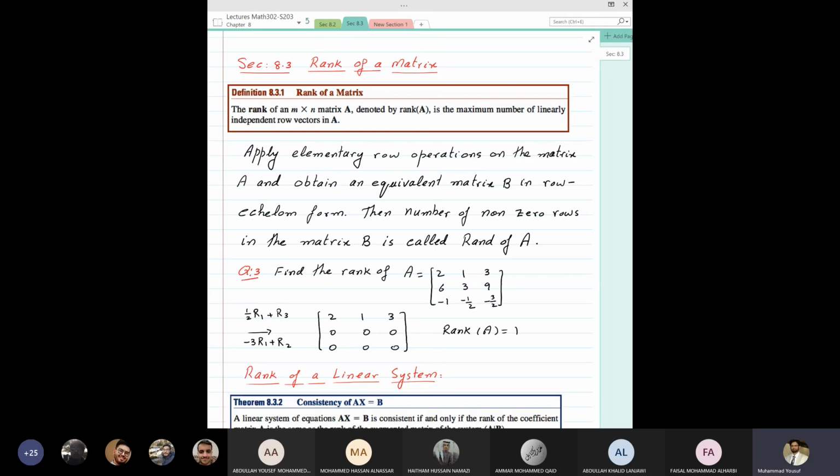So this is what is said here. Apply elementary row operations on the matrix A and obtain an equivalent matrix B, which is in row echelon form.